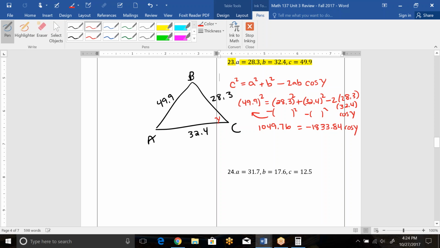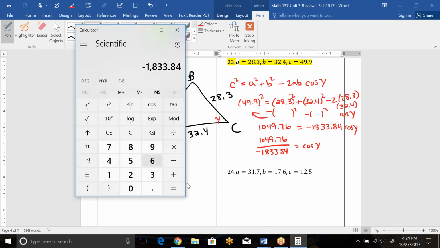And then I need to divide over this, so it's going to be 1049.76 divided by negative 1833.84, and that's cosine of gamma. You want to double check to make sure that's between negative 1 and 1, since cosine also has to be between negative 1 and 1. It should be, but we're going to double check.